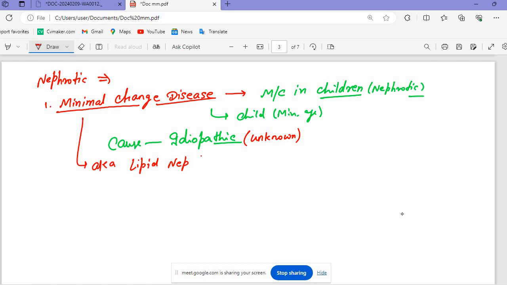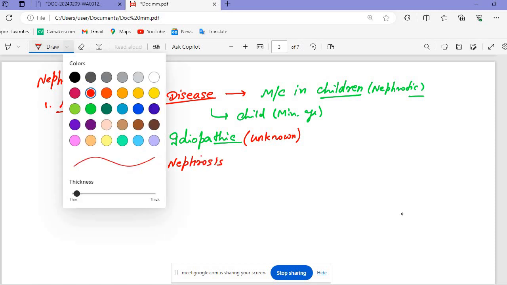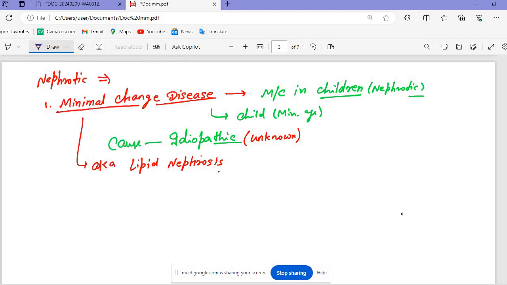Now understand why we call this condition lipid nephrosis: because we see lipids in the PCT. That's why we call this condition lipid nephrosis or lipoid nephrosis.